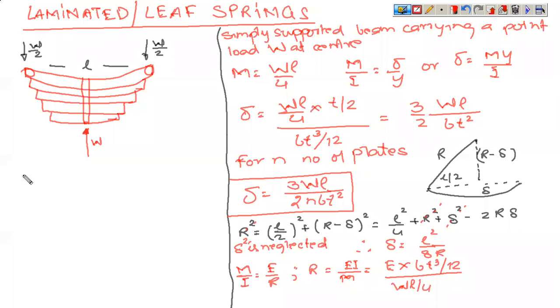So if you put here, delta is equal to L square by 8R. So this is L square, here this is R. So this is by 8 multiplied by WL, here 4 here, multiplied by 12, and we have Ebt cube.